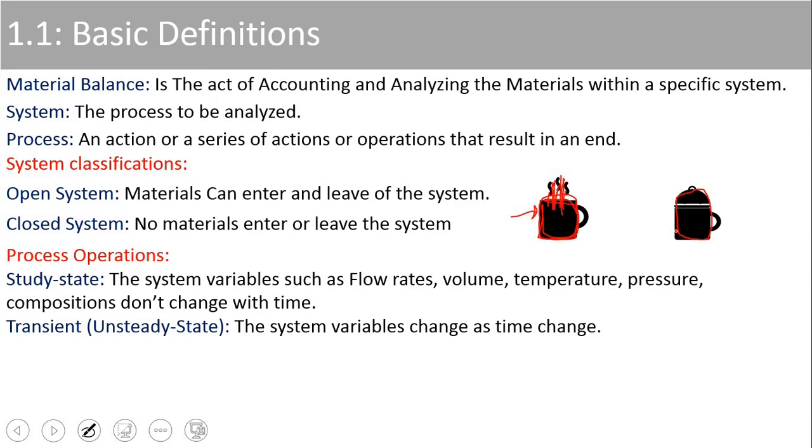Steady state means that the system variables such as flow rate, volume, temperature, pressure, composition, etc. do not change with time. On the other hand, for the unsteady state or transient, mostly we say unsteady state, but some people say transient, the system variables change as time changes.